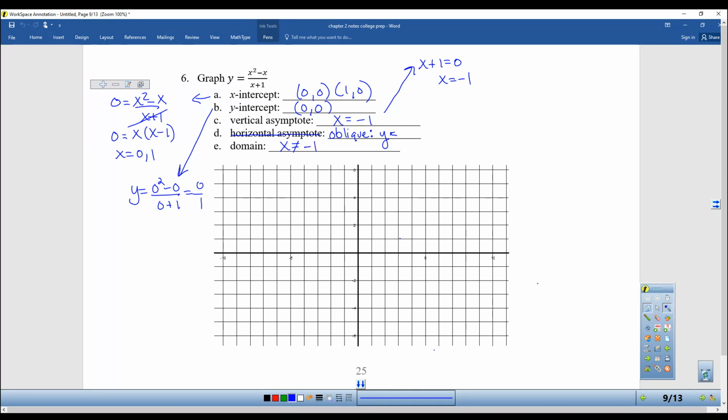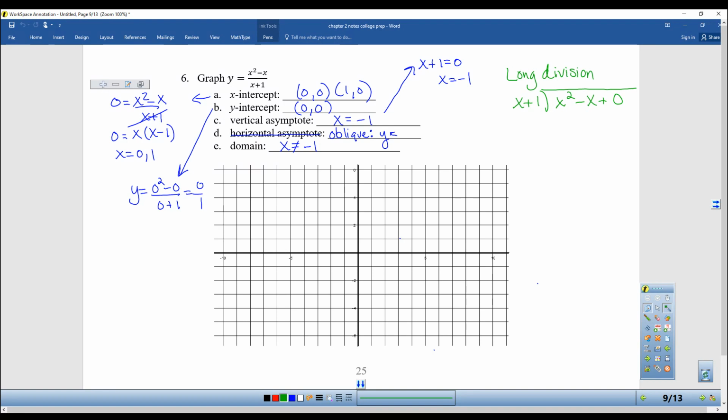And now the oblique. So the way you find an oblique asymptote is by doing long division, which we learned earlier in this chapter. Now you get to practice it. X plus 1 being divided into x squared minus x plus 0. Make sure you have every part accounted for.